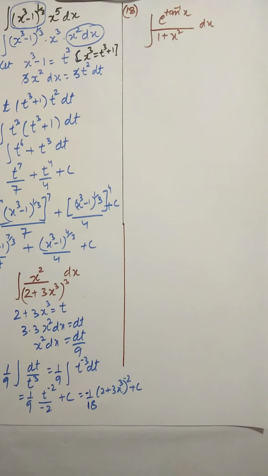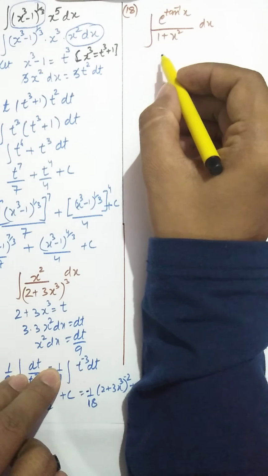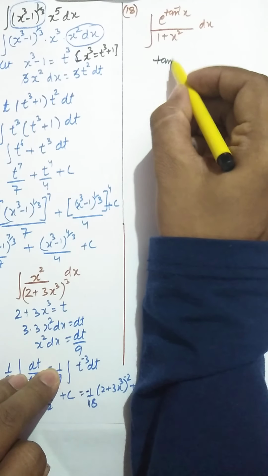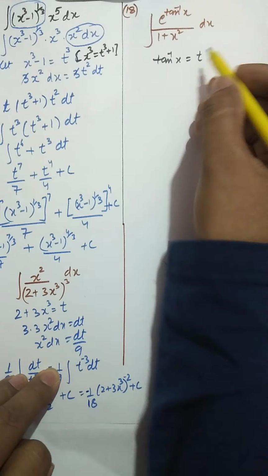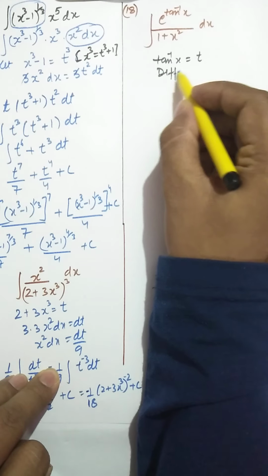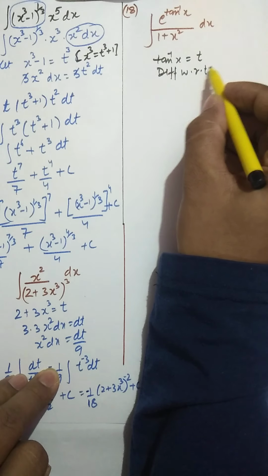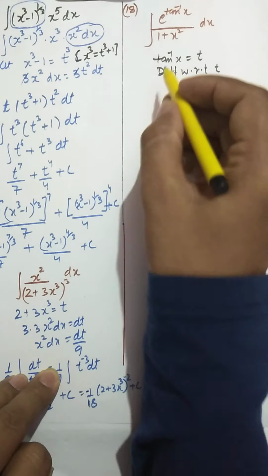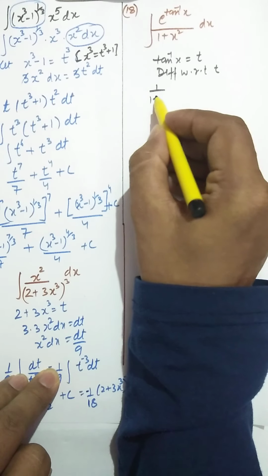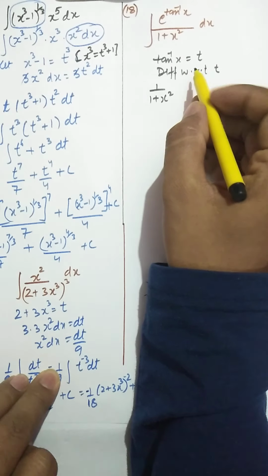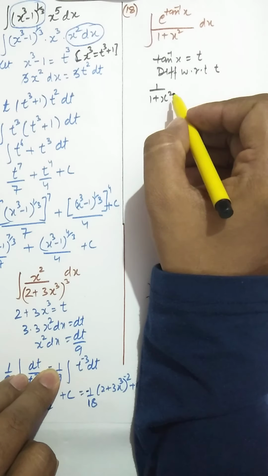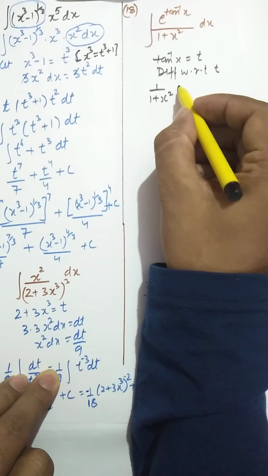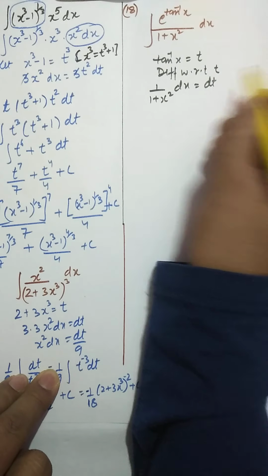Now see question number 18. Here if you assume tan⁻¹x as t, then you differentiate with respect to t, then the differentiation of tan⁻¹x is 1 upon 1 + x², this is dx, and this is going to be dt.